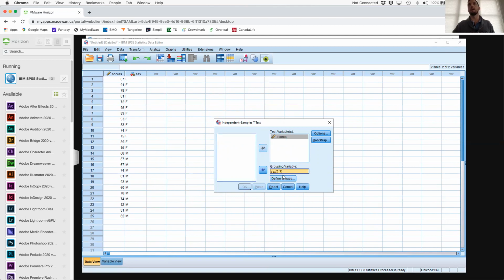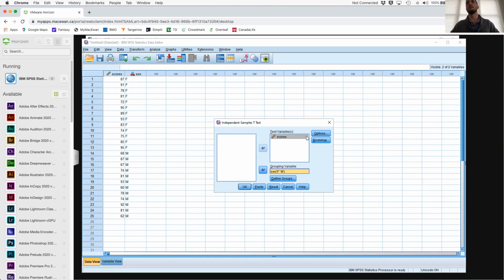So you can see that when we're running the independent samples t-test, we have to tell SPSS where to split the data. Now you'll notice inside the grouping variable here, it says define groups. So we can click on define groups, and group 1 will be female and group 2 will be male in this case. Essentially we're just telling SPSS how to differentiate between the scores based off of the indicator in the second column.